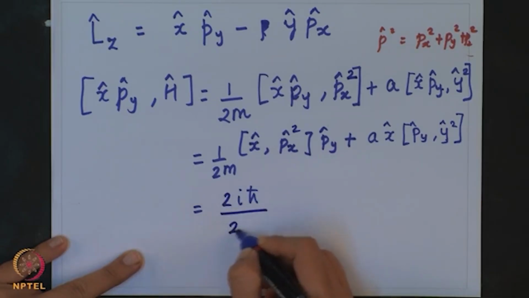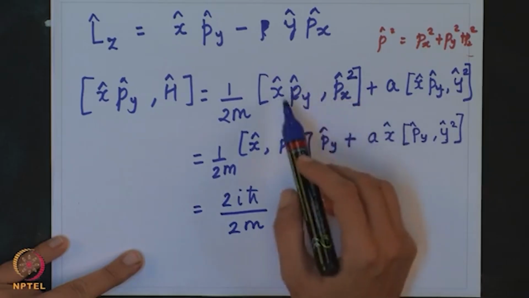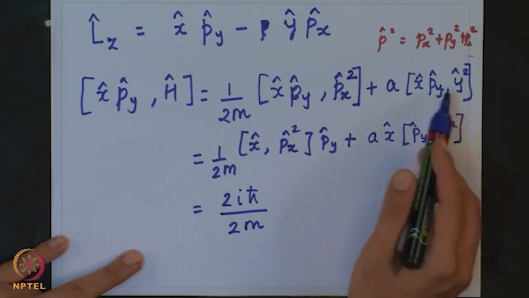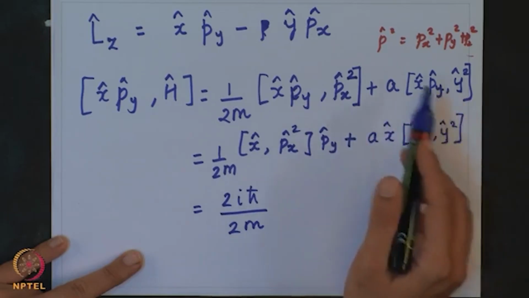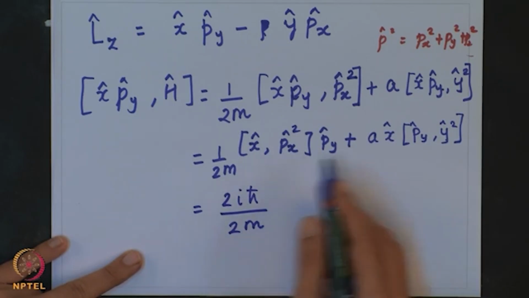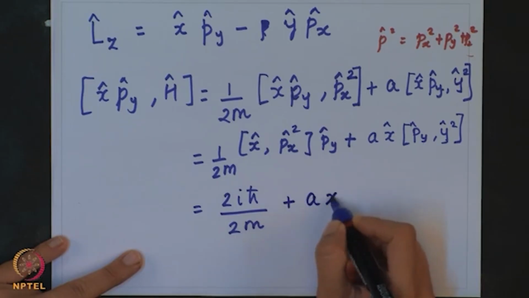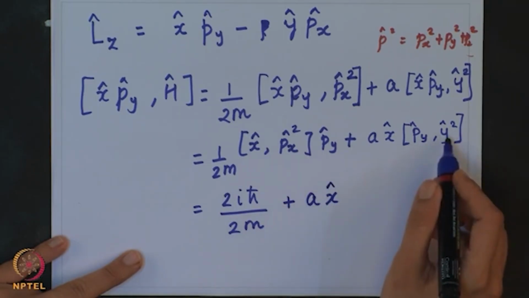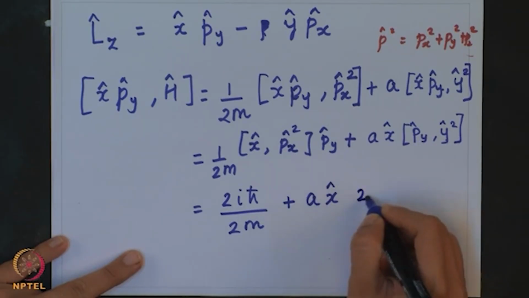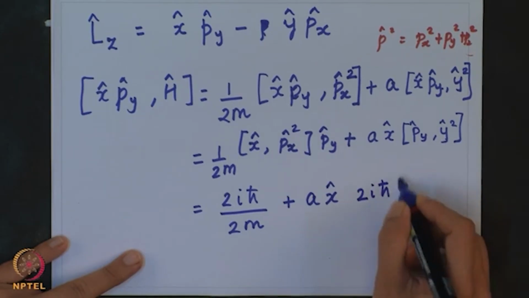Be very careful, there are so many commutators and you have to remember the relation and explicitly write the terms. I am writing explicitly those terms which contribute, and the terms which are 0 I have just dropped them. So, Ax would again give me 2i h cross times y hat.